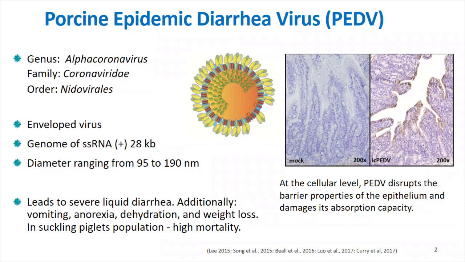Just to remind you, at my lab we work with different viruses, but I'm going to talk about the use of quantitative comparative proteomics for the study of molecular mechanisms of host-virus interaction for PEDV and PRRS.